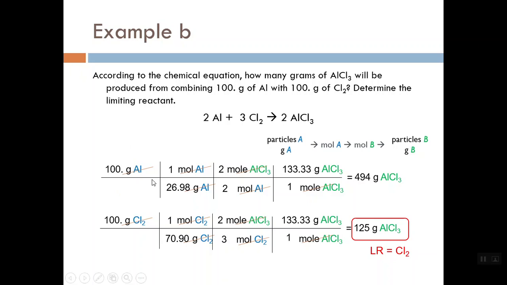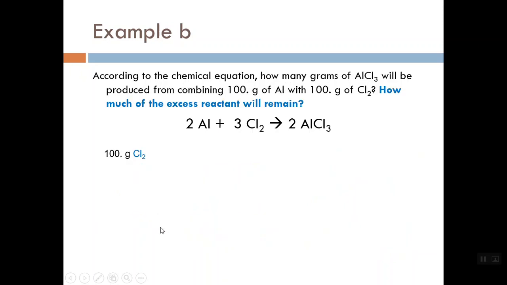So what you want to do is you want to start with your limiting reactant. Now remember, stoichiometry, you can determine how much of anything you might need or how much you need to produce, right? And so we're going to start with our limiting reactant, 100 grams of chlorine, and we want to figure out how much aluminum we actually needed, okay? So starting with 100 grams of chlorine, and we're going to go all the way to mass of aluminum because what they're giving us is also mass of aluminum, right?